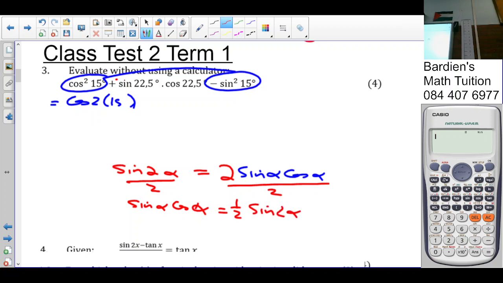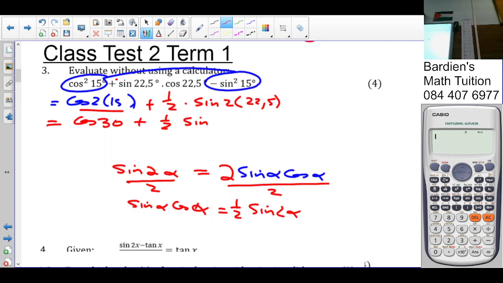You see that? So cos 2 times 15 plus sin 22.5 cos 22.5 is then equal to a half times sin 2 times 22.5. So that is simply what? Cos of 30 plus a half sin of, what's 22.5 times 2? 45.